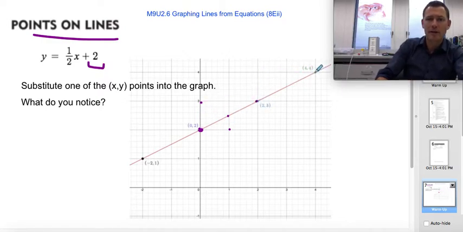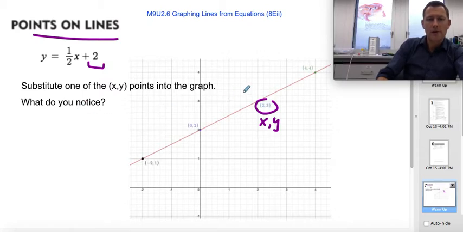This is a point on the line, so is this, but there's also an infinite number of points that also make this true. Points are on the line because they make the equation true. For example, this value, 2, 3, is an x and a y value.